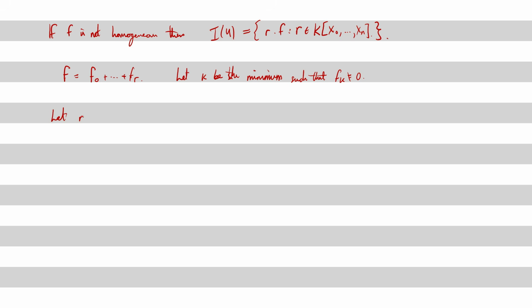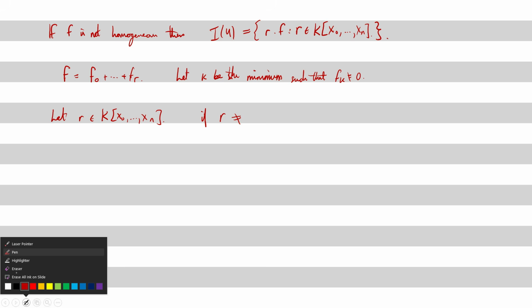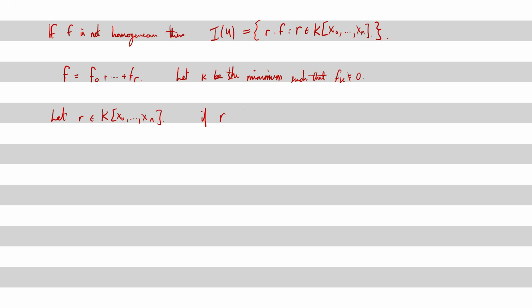Now, let r be within k[x0, ..., xn]. If r is not a form, if r is not within S_d for any d, then r is equal to r_d plus, and so on, up to r_e.